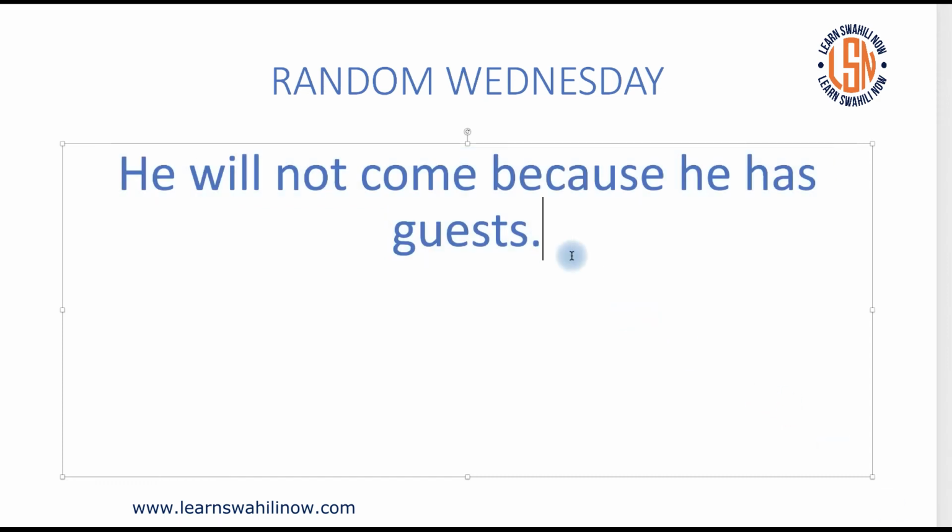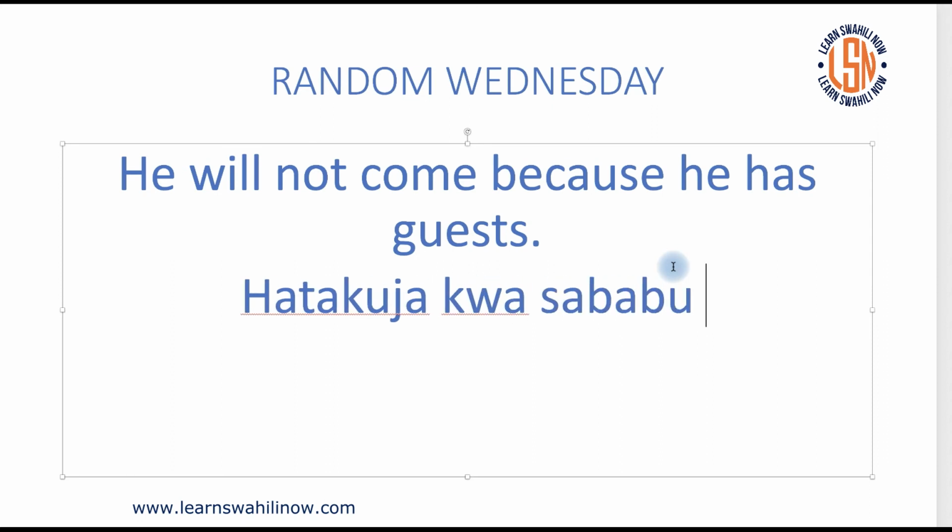So your friend here is telling you why he's not going to come. So he will not come because he has guests. How do you think we're going to work with this? He will not come. We had already created that verb, so hatakuja. And then how do we say because? Kwa sababu. And then how do we say he has?